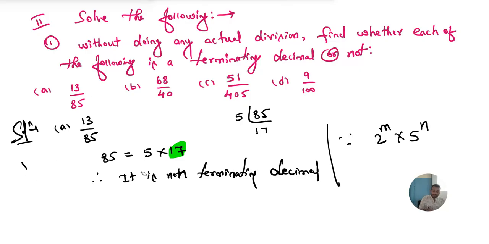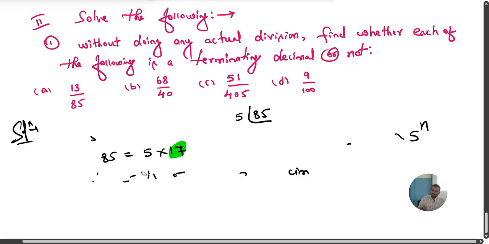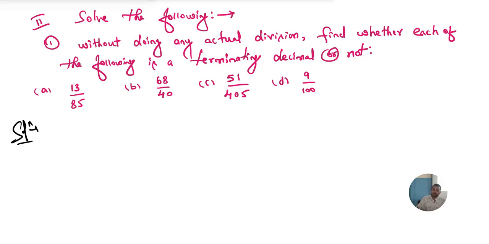Let me see. How will you say the answer? 68 by 40. Is it terminating or non-terminating? Quick, I need the response fast. For the denominator you should take the LCM, not the numerator. Only the denominator, 40. 5 8s are 40, 2 4s are 8, 2 2s are 4, 2 1s are 2.